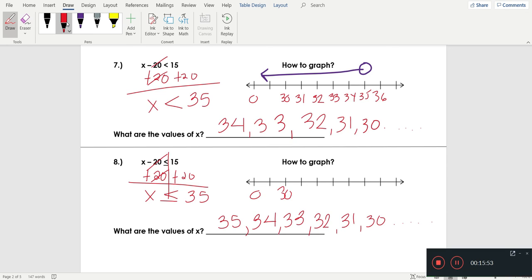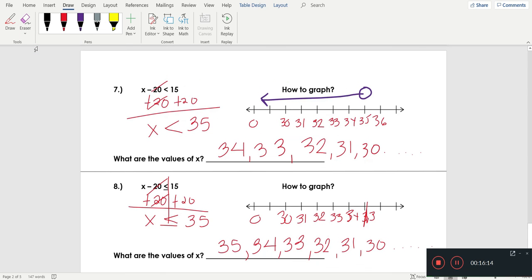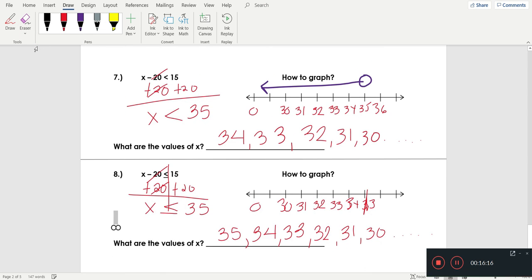So let's now label our graph or number line. So 30, 31, 32, 33, 34, 35. I need a better, oops. Okay, so let's write it down nicely and neatly. It is 34 and 35.